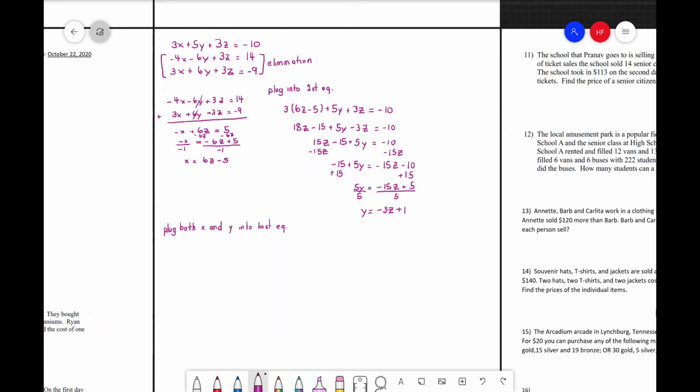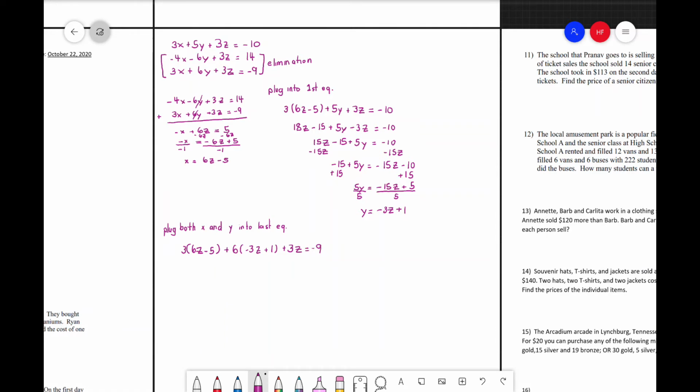So I have 3 times (6z minus 5) plus 6 times (negative 3z plus 1) plus 3z equals negative 9.